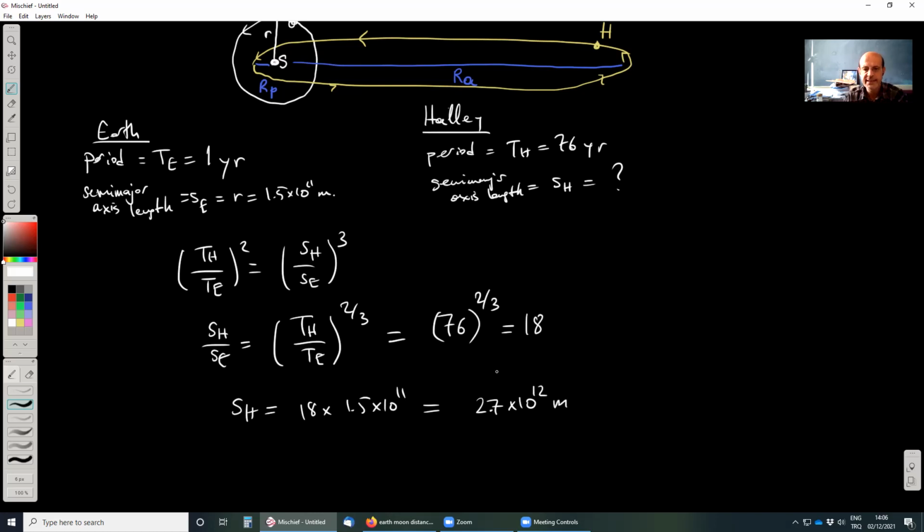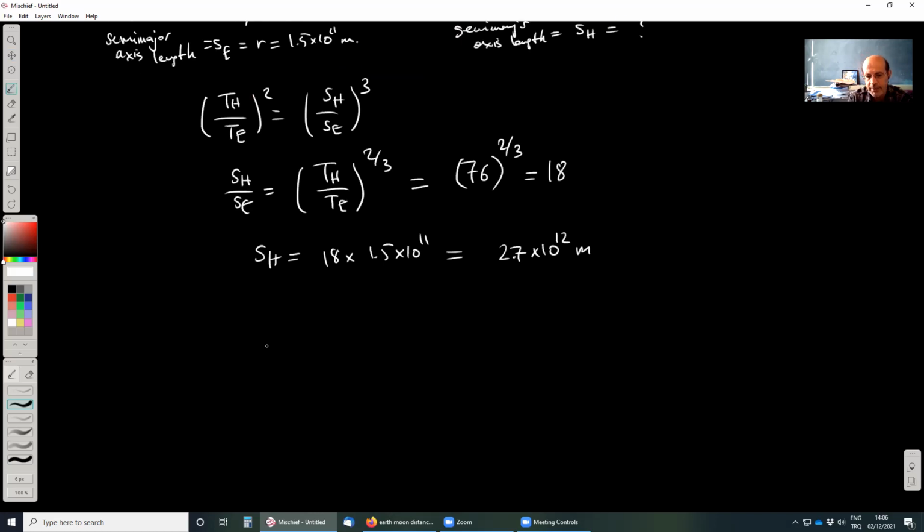That's the full distance. In any case, let's talk about this geometry again. So this full distance is 2SH. It's the full major axis length. That distance is RP, so let me use the blue color for these, RP, and that's RA.